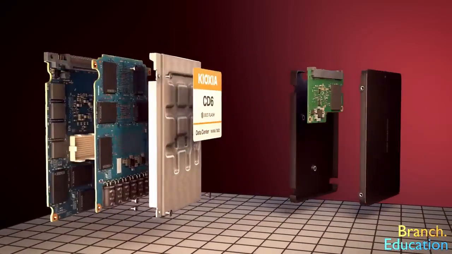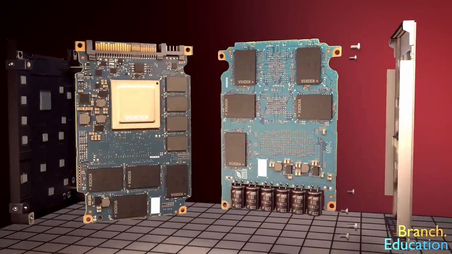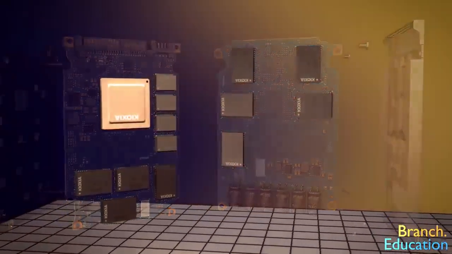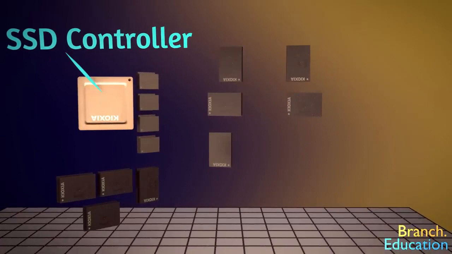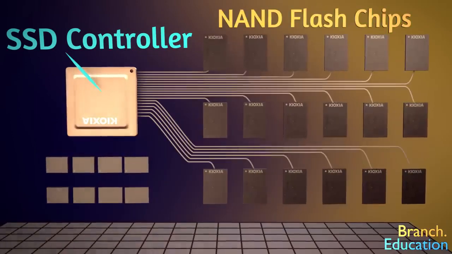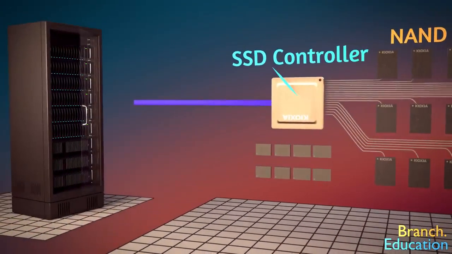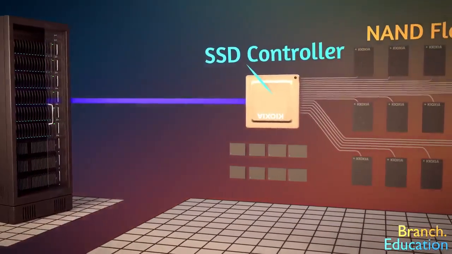In this solid-state drive, there are a number of components we have to look at. First, over here, is the SSD controller microchip, or brain, whose role it is to interface between all 18 NAND flash chips. This microchip also interfaces and communicates with the laptop, computer, or server that the SSD is plugged into.